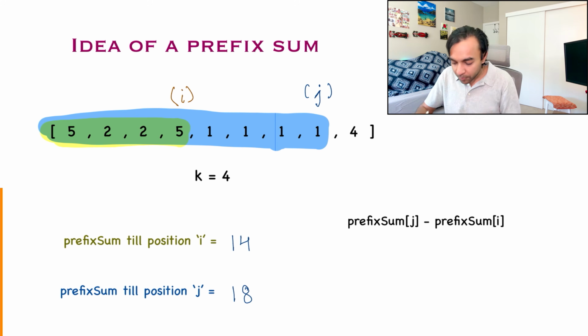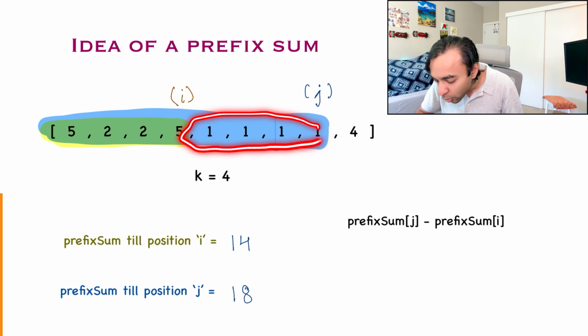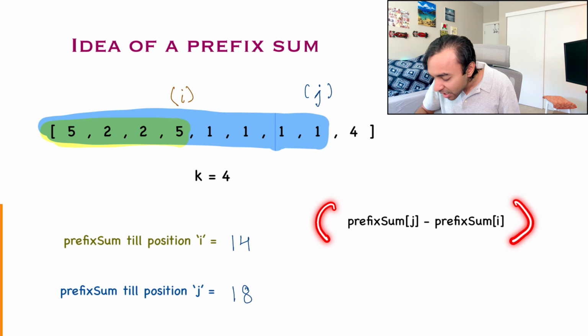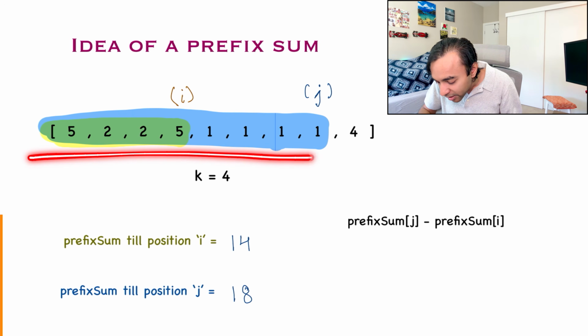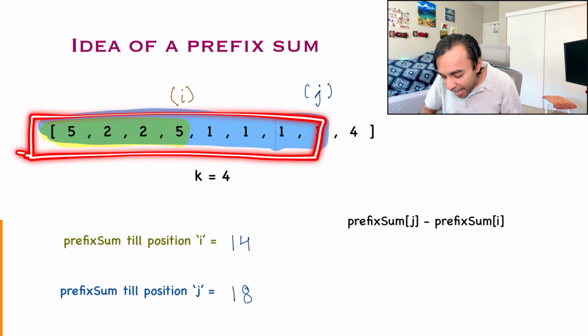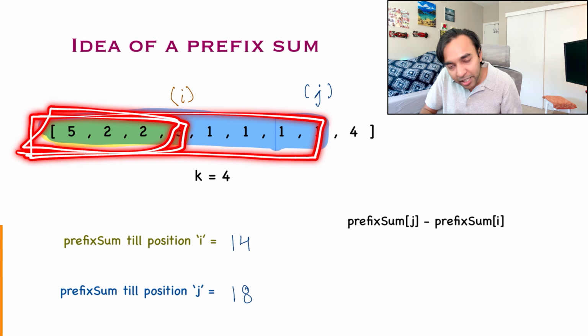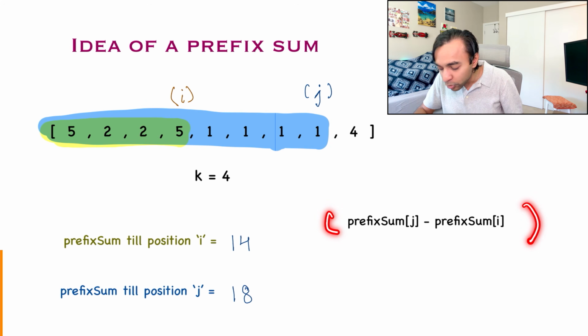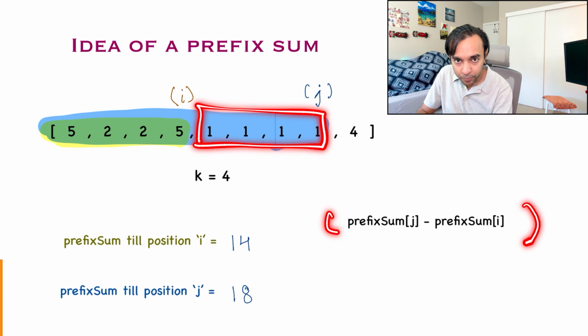Now, try to think. If you have to get the sum of these four elements, can you do a prefix sum at j minus prefix sum at I? Because you have calculated the sum of all of these elements and you have calculated the sum of all of these elements. So if you subtract out all of this, what do you get? You get the sum of this remaining sub-array, correct? So if I subtract both of these values, I will get the sum of this particular sub-array.